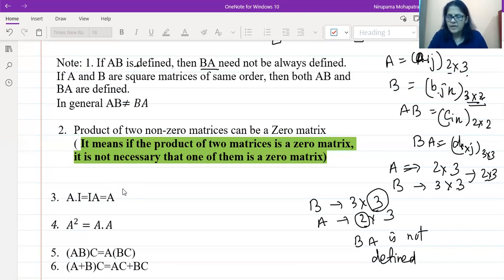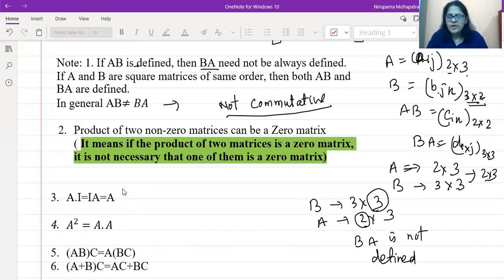Even if it is defined, it is not necessary that AB will always equal BA. It may or may not be. So in general, AB is not equal to BA, and we can conclude that matrix multiplication is not commutative.